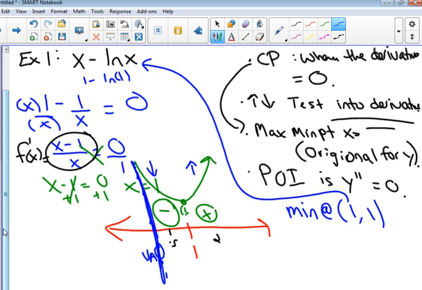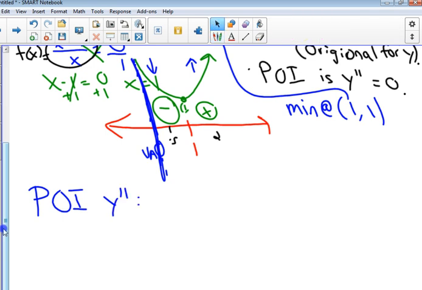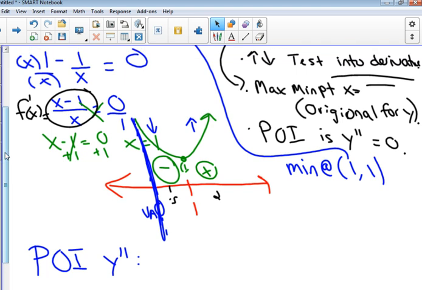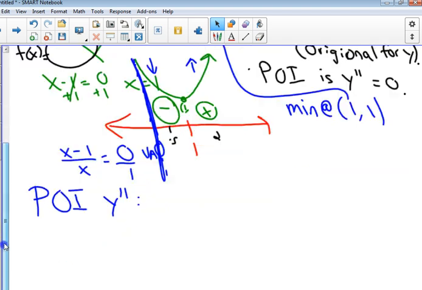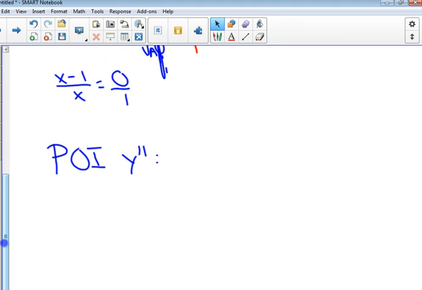The last thing I wanted to make sure we knew how to do is the point of inflection. You need to get y double prime. This is really why you want to make sure your y prime looks nice, so you can get to your double prime pretty quickly. Make sure it's all compacted into a single fraction if we can. So if you took this, oh nice Kyle, we haven't done this in so long. Good job.